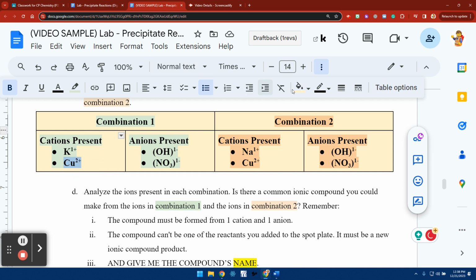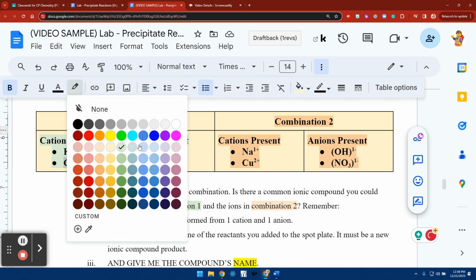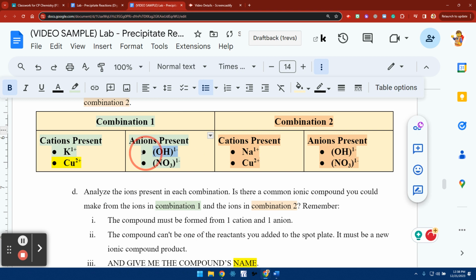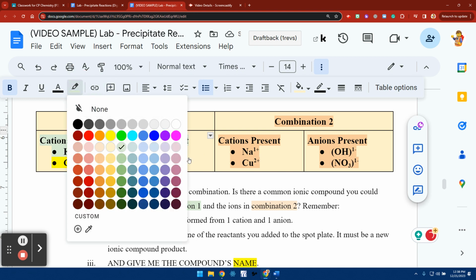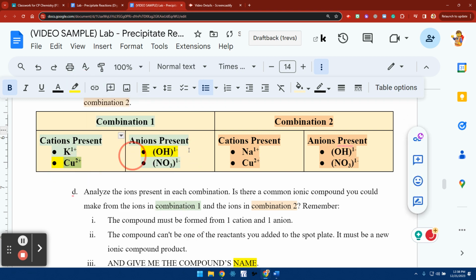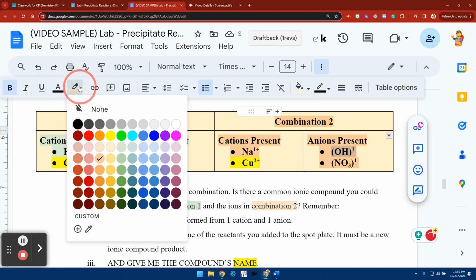And that is the combination of copper 2 ions and hydroxide. Look, I could make copper 2 hydroxide in the first combination, and I can also make it in the second combination as well.